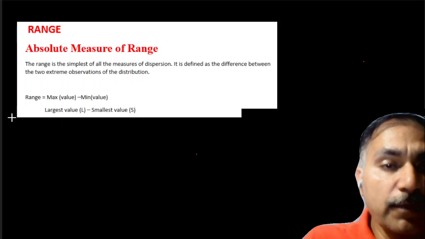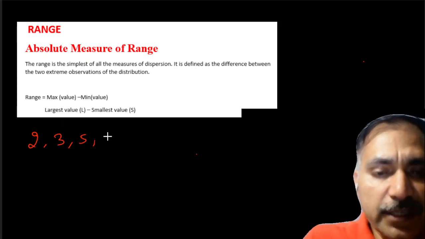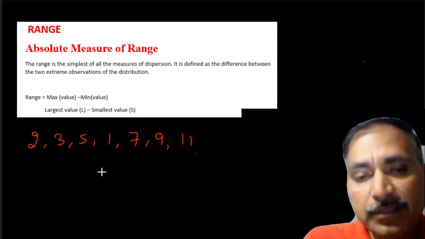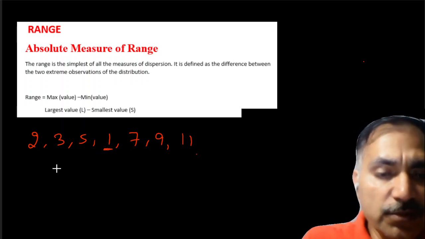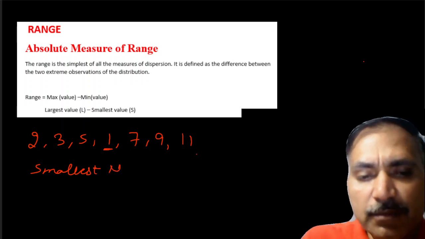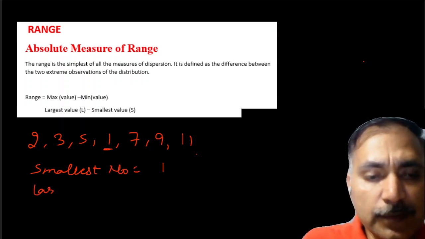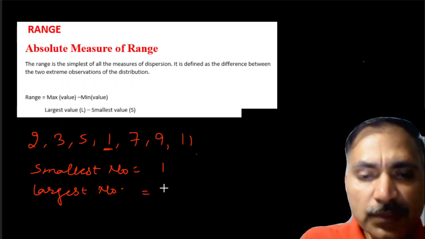Suppose you have been given the numbers like 2, 3, 5, 1, 7, 9, 11. Now, which one is the smallest number in this series? That is 1. So we will write smallest number that is equal to 1, and largest number that is equal to here 11.